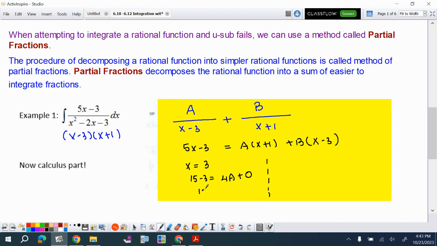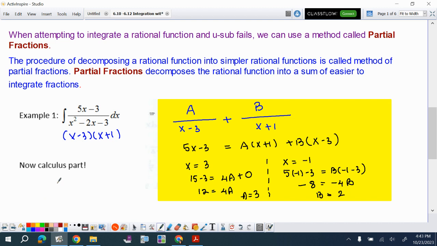So 12 is equal to 4A, and A is equal to 3. Now I substitute x equal to negative 1. That will make this factor 0. So 5 times negative 1 minus 3 is equal to 0 plus B times negative 4. So negative 8 is equal to negative 4B, and B is 2.